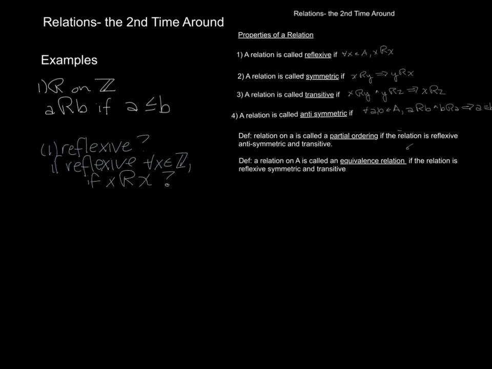And I'll put a question mark again. We're trying to determine if this is true or not. And then I'm going to replace this general relation with our particular relation here. So I'll say for all x in Z, is x related to itself? And in this case, it means less than or equal to itself. And the answer is yes, so it is reflexive.